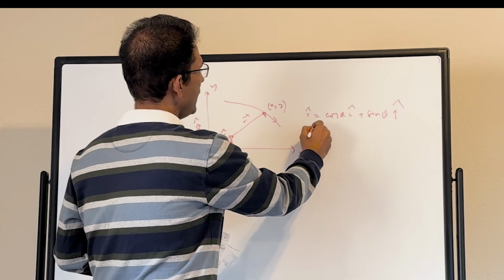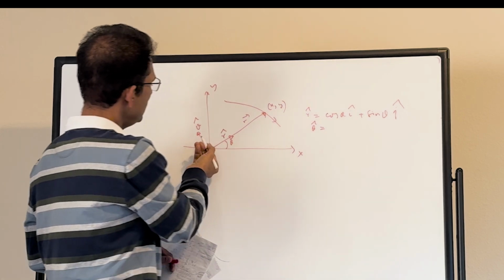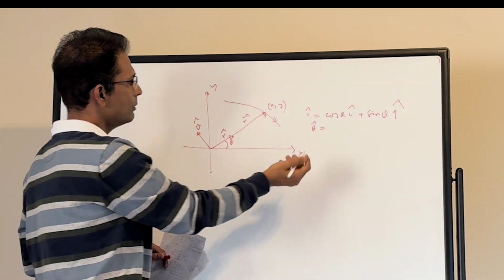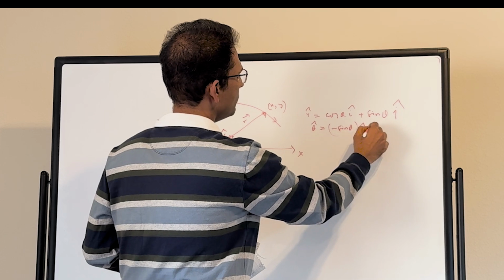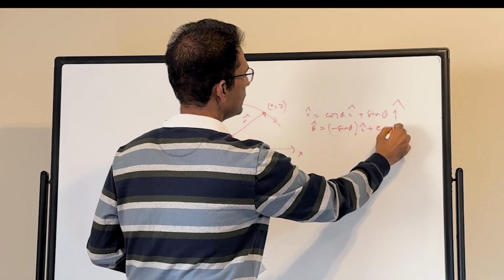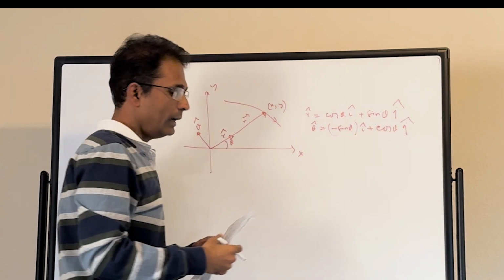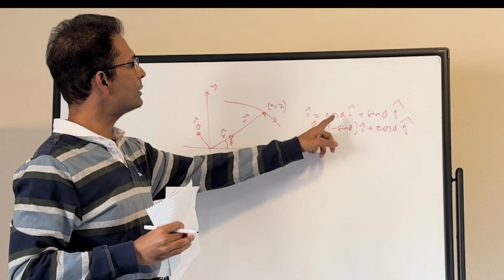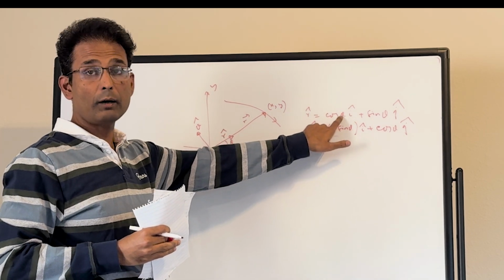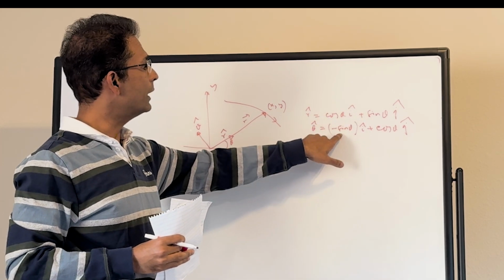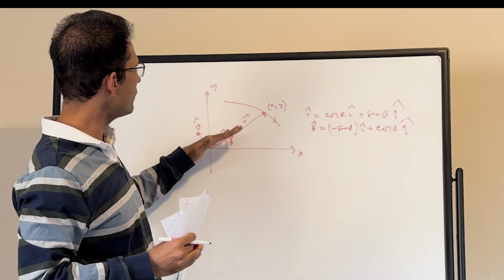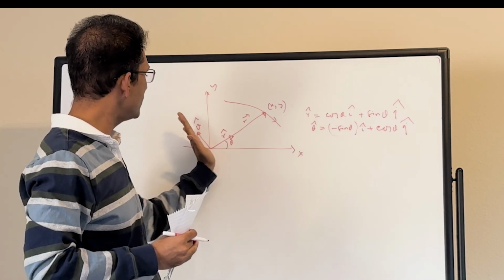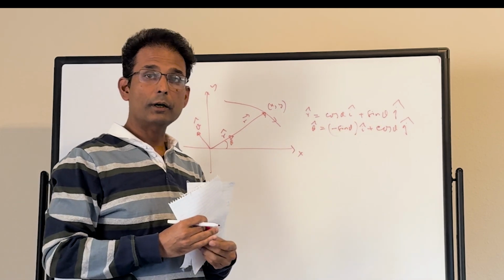And theta hat turns out to be, if you just resolve it into two components, minus sine theta i hat plus cosine theta j hat. You can see that from the expression of r hat: you change theta to theta plus pi over 2, and you get minus sine theta. Theta hat is just r hat rotated by pi over 2. So you get that expression.